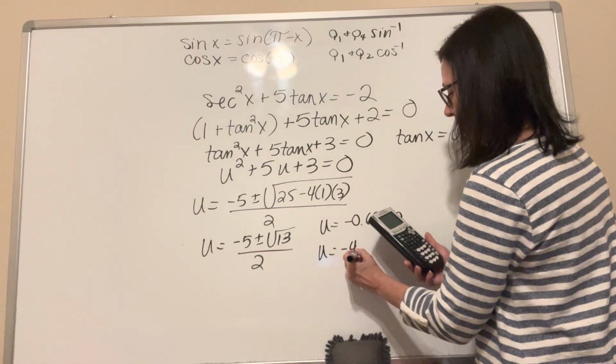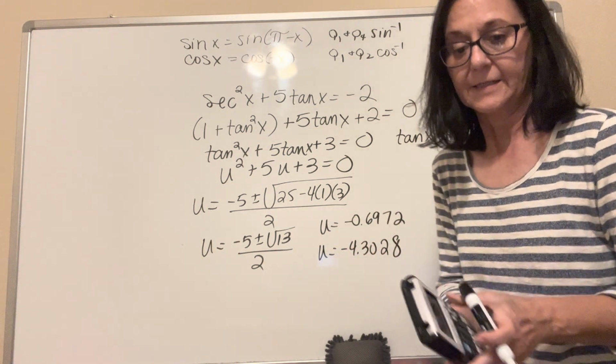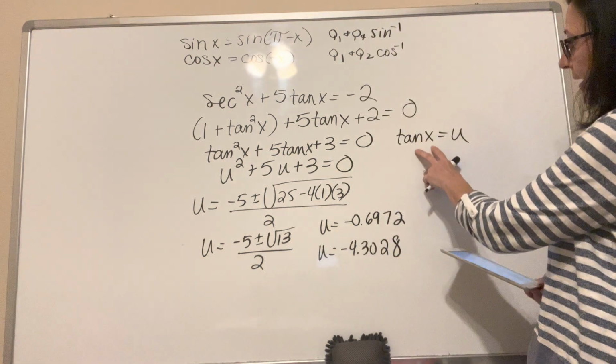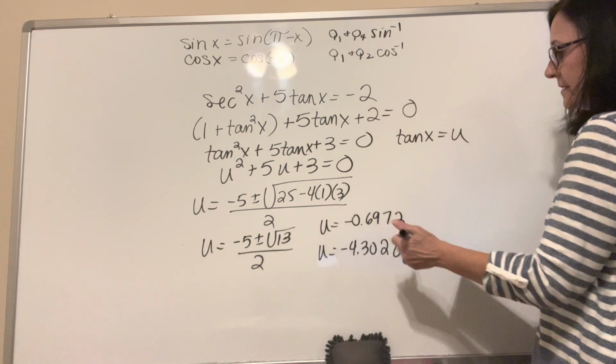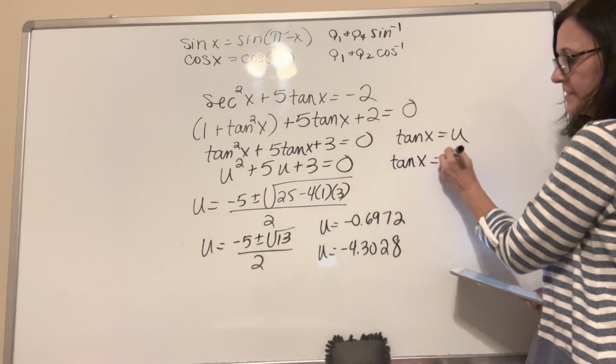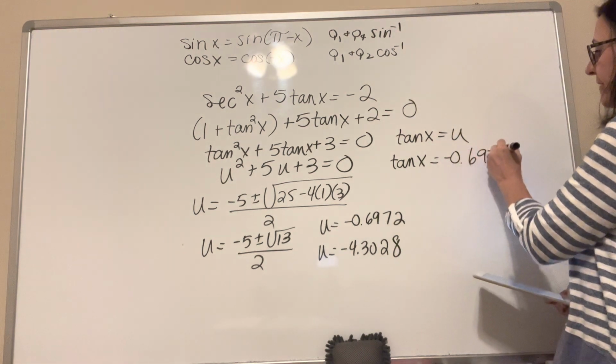U is negative 4.3028. All right, so now I'm going to substitute, make u the tan of x. So here I have the tan of x is negative 0.6972.